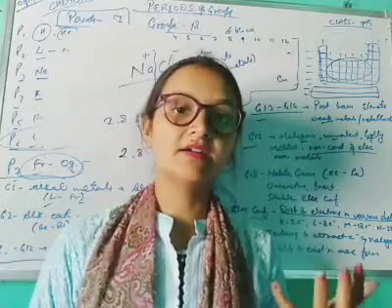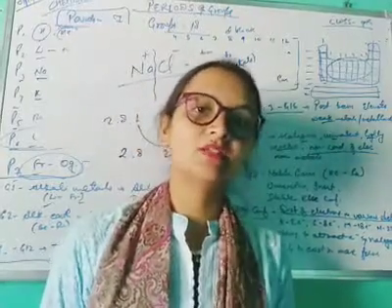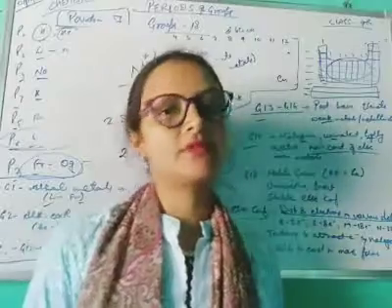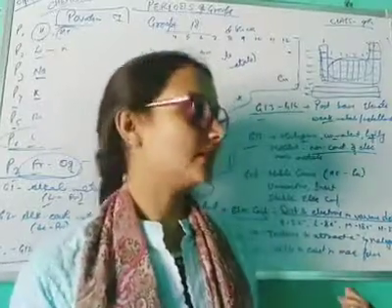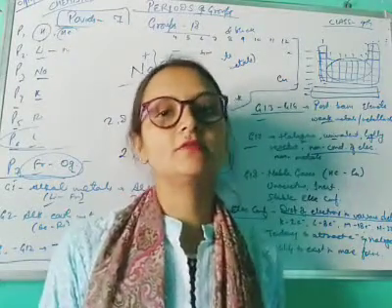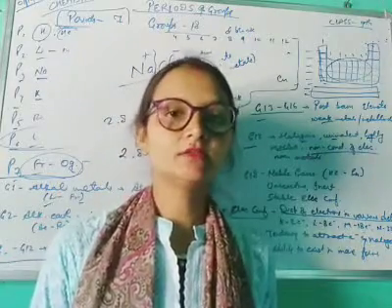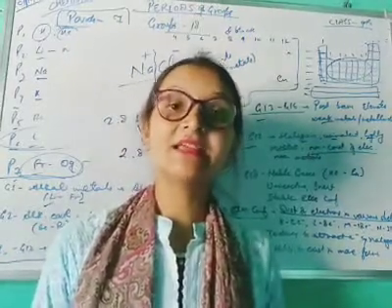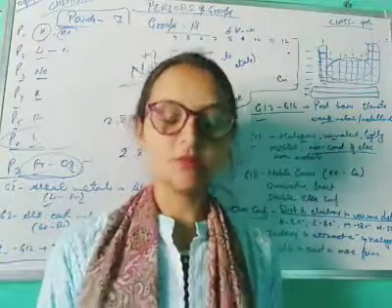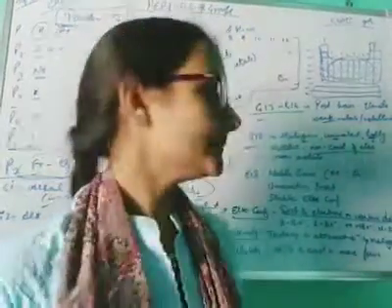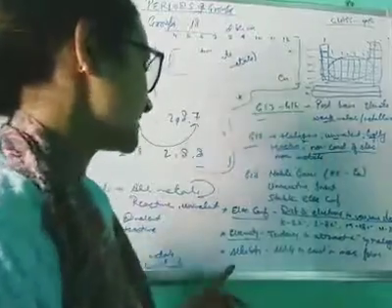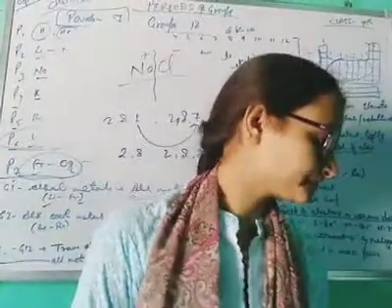Diamond is very hard and graphite is very soft, but they both are made up of carbon. So carbon can exist in many forms. Diamond and graphite are the allotropes of carbon. This is called allotropy.